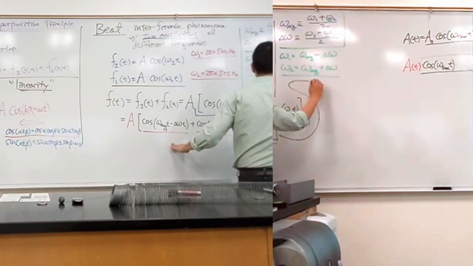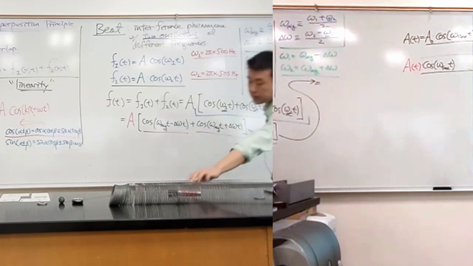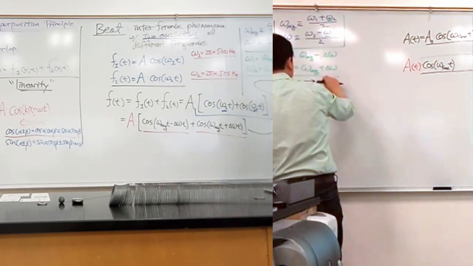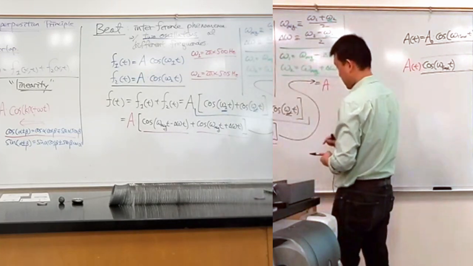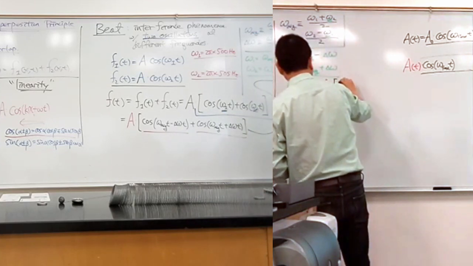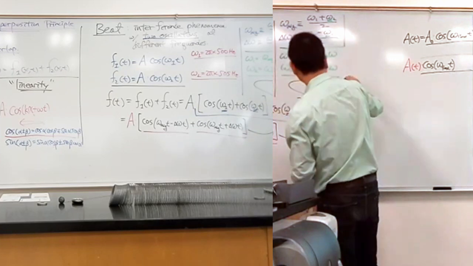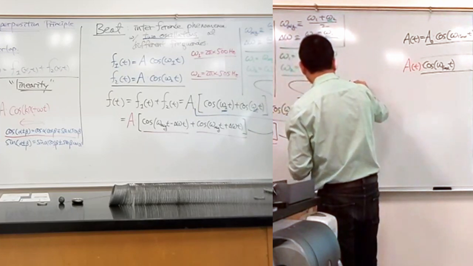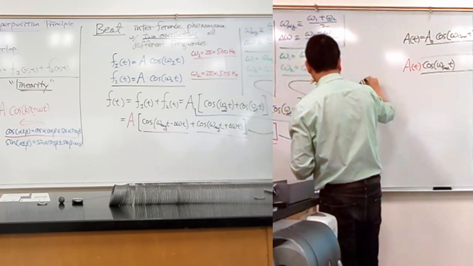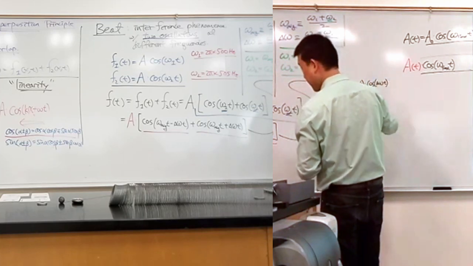Write this out here. So amplitude A times cosine of, let me write that out, omega average t times cosine of delta omega t.